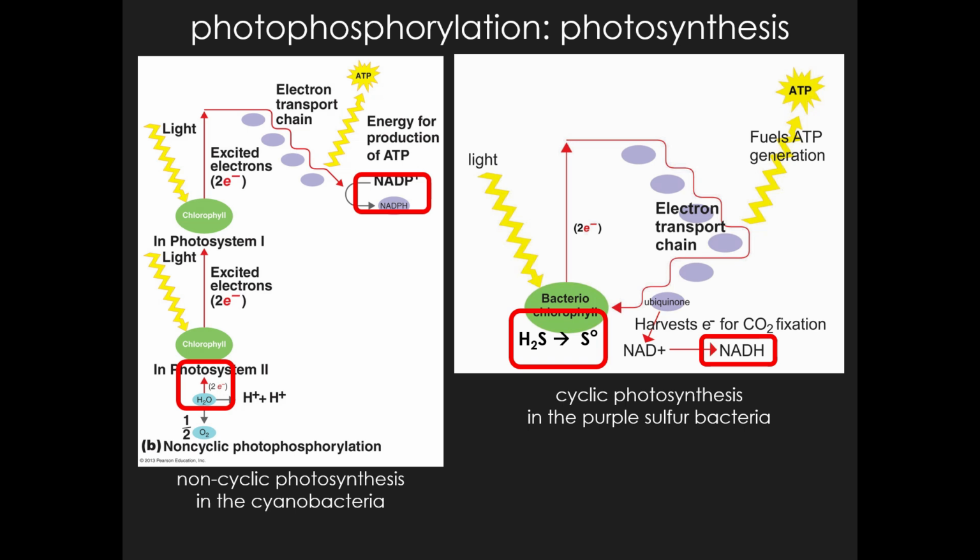And in non-cyclic photosynthesis, the chlorophyll molecule shoots out the electron, it lands into a second photosystem, and light again hits it, excites it even further, and then it gets shot so high that it can fall through the electron transport chain.